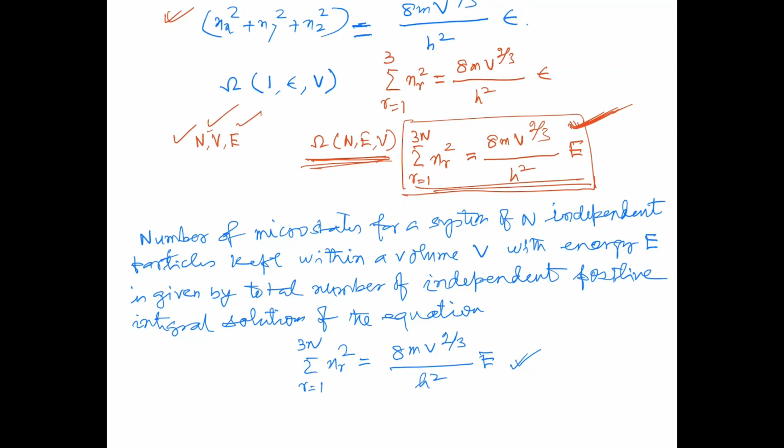From the nature of the expression appearing on the right hand side of this equation, we conclude that the volume V and energy E of the system enter into the expression for omega in the form of the combination V to the power 2/3 multiplied by E. We know omega will be a function of N, V and E, but V and E enter into the expression for omega as a combination, because V to the power 2/3 into E is present on this right hand side.